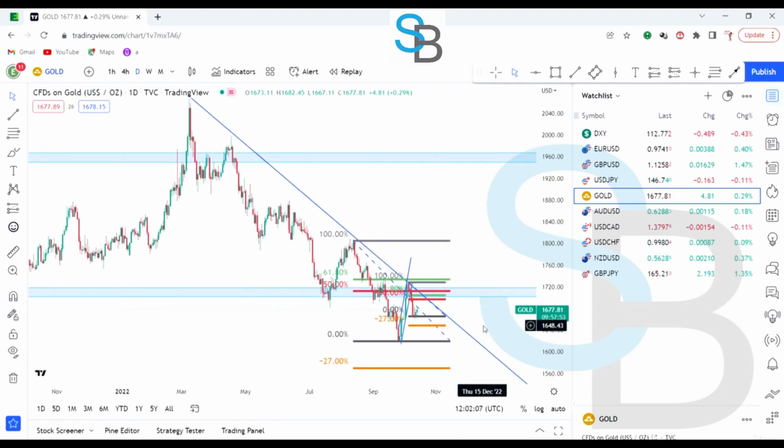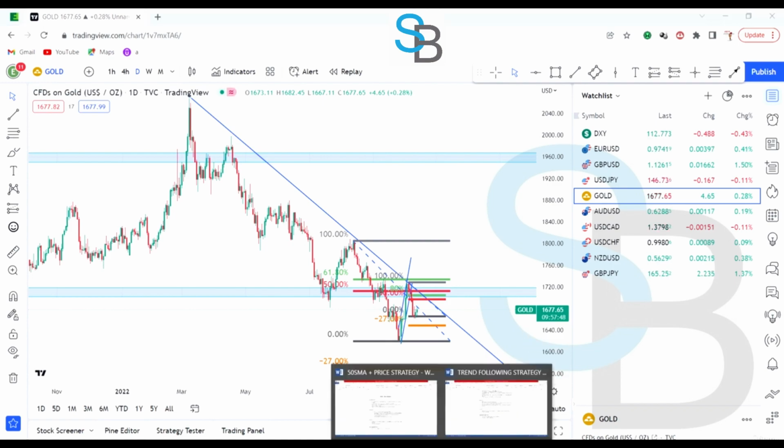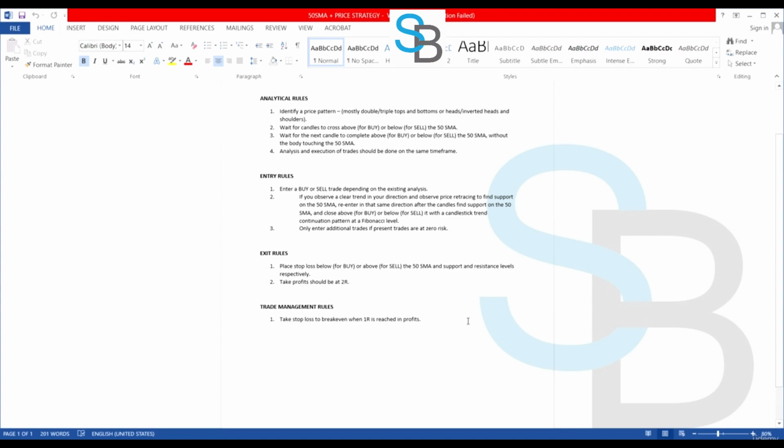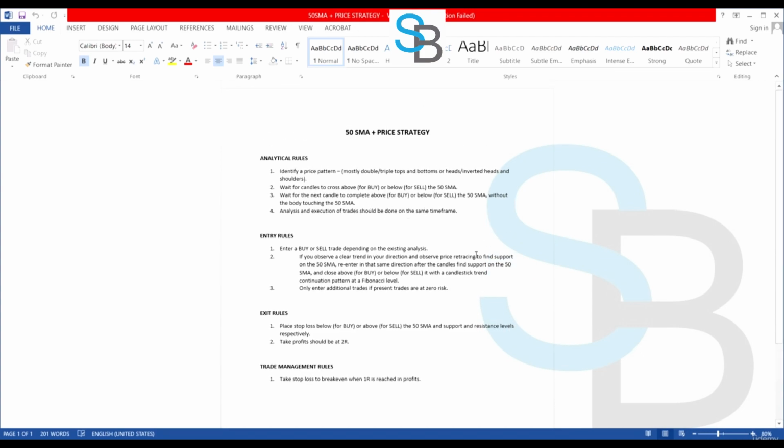Now the first one is a moving average strategy. So I'm just going to open it here. This is the file for the strategy. Remember, we spoke about the rules for the strategy. Your strategy should have analytical rules, entry rules, exit rules, and trade management rules. So I've just made an example with this strategy. This file will be made available to you.